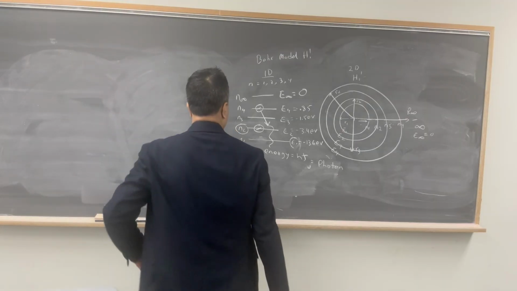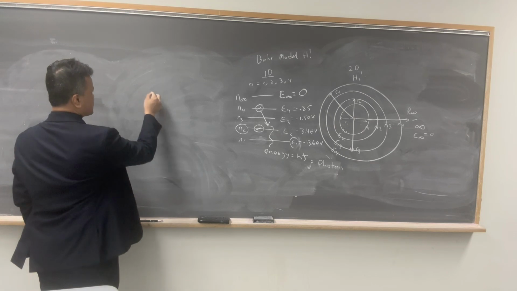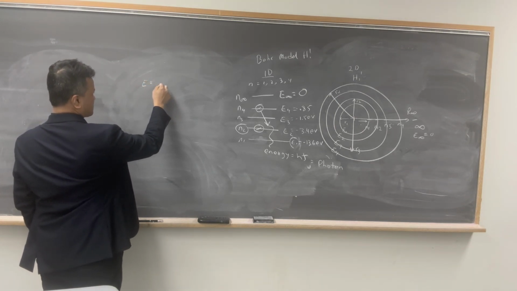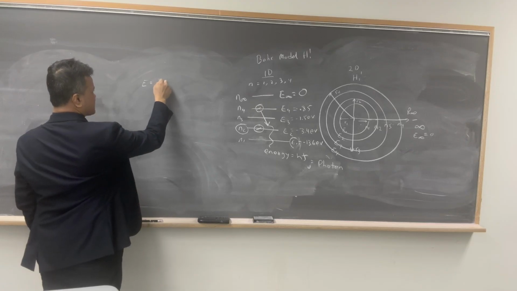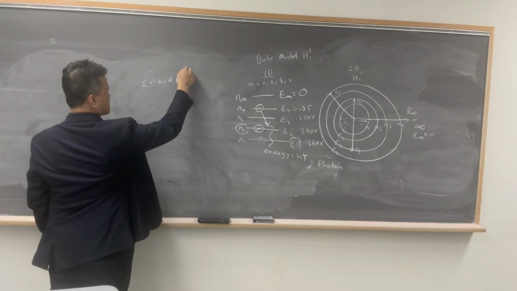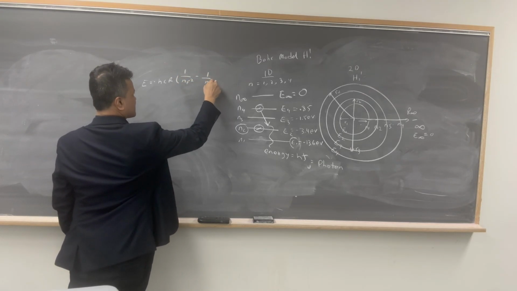Okay, let's go. Now, N4 to N2, how do you do that? You write energy is equal to R_H times negative, 1 over n final squared minus 1 over n initial squared.